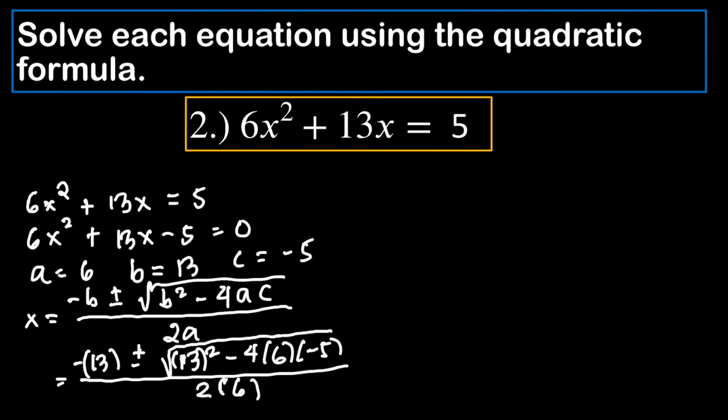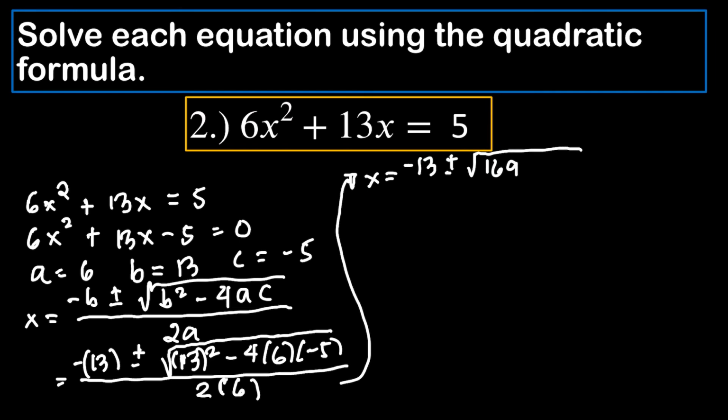Moving forward, we have x equals negative 13 plus and minus. 13 squared is 169, and negative 4 times 6 is negative 24 times negative 5. That will give us positive 120, all over 12. Adding 169 and 120, that will give us 289.